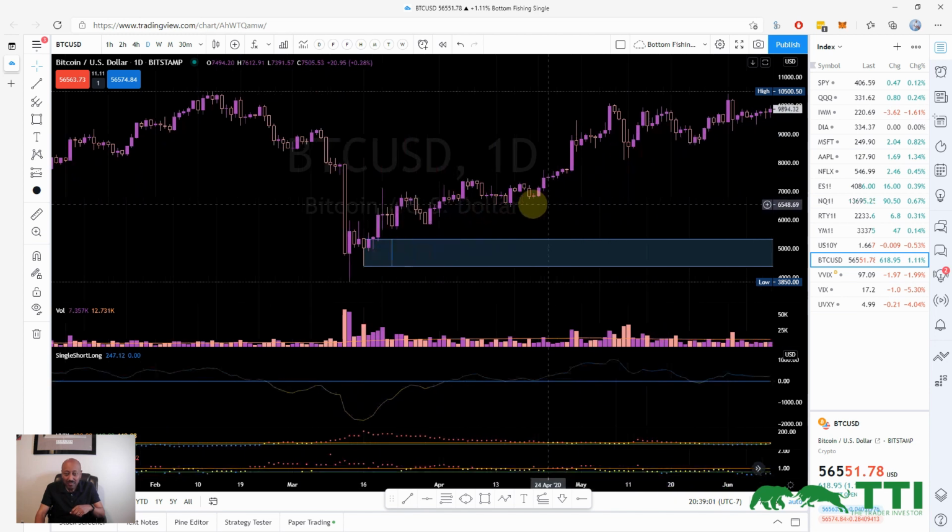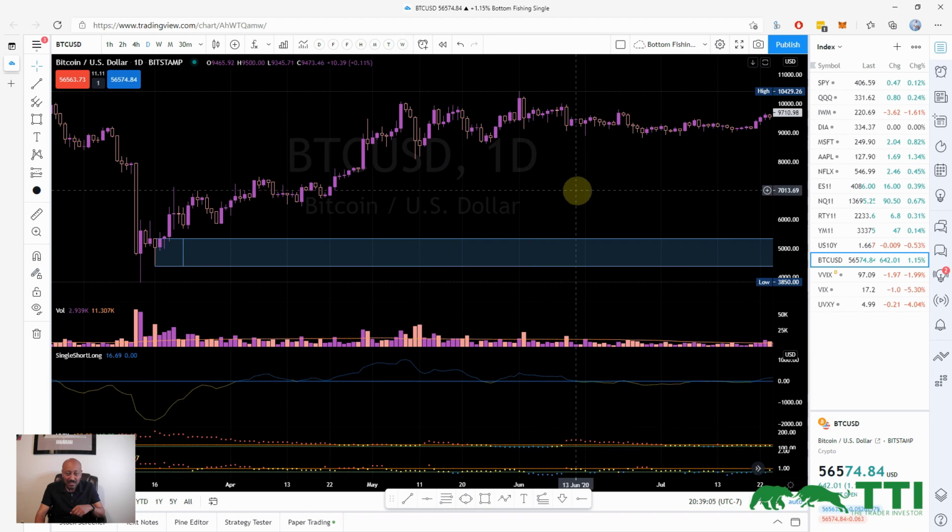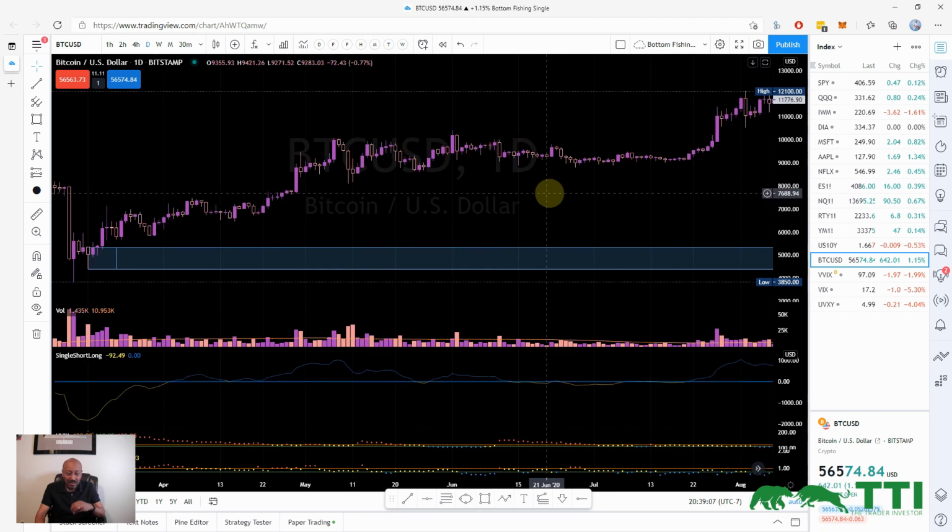So every time you go back and find these order blocks, many times they are going to get mitigated. And for me, my entry is at the mitigation point, not at the initiation point.